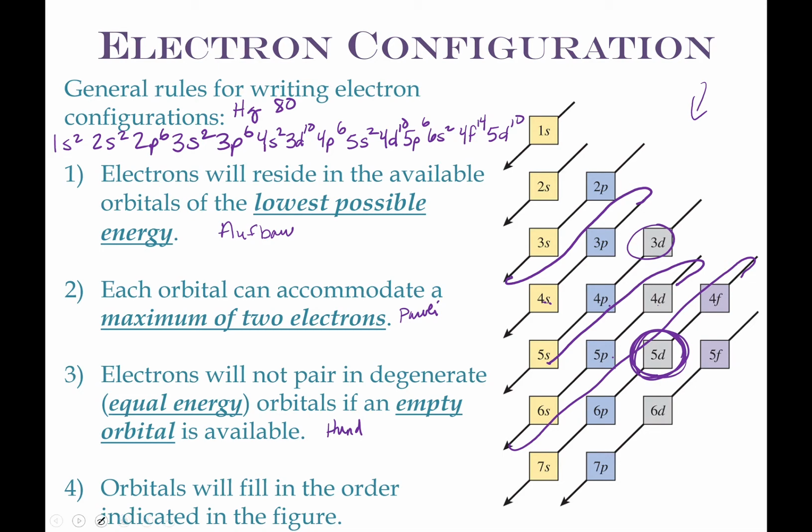But I should go back and count to make sure. So 10, 20, 30, that's 30 electrons. 6 plus 4 is 10, so that's 40, plus another 10 is 50.